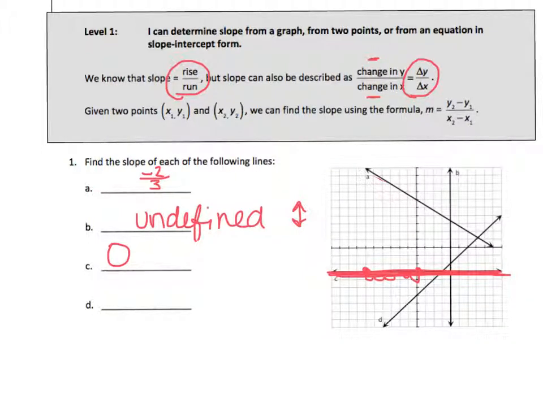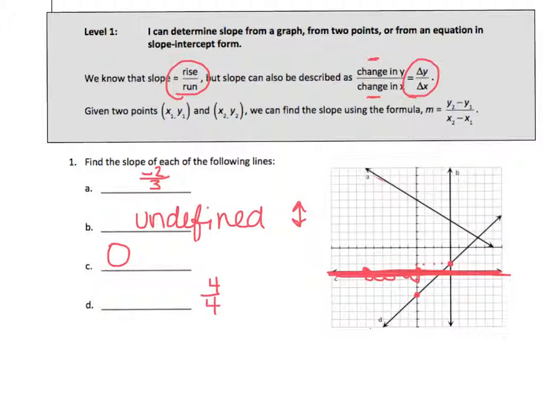And then last but not least, we want to talk about D. D is this line going on a diagonal up. So let's pick 2 points. Again, here's a good one, and here's a good one at the intersection. I'm going to count up 1, 2, 3, 4. And I'm going to count right 1, 2, 3, 4.